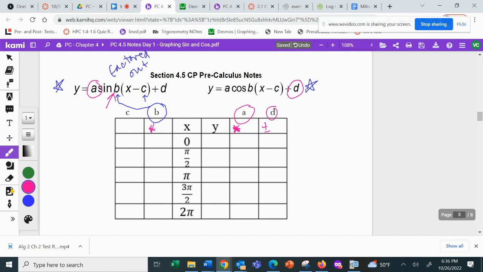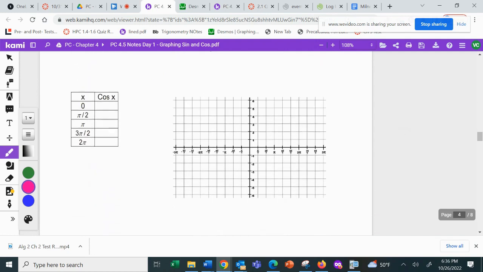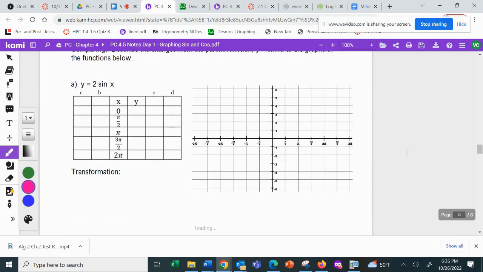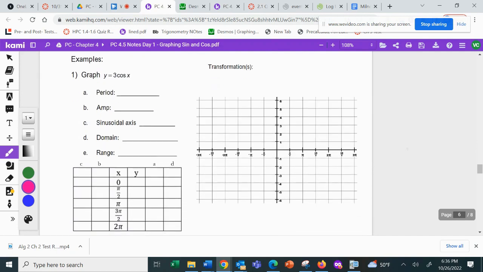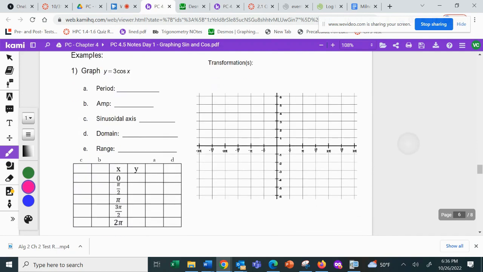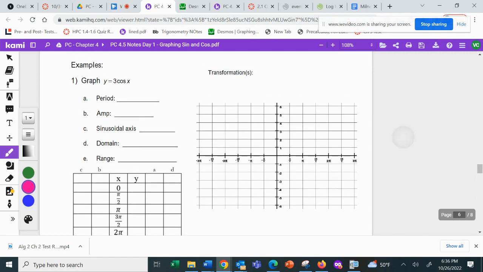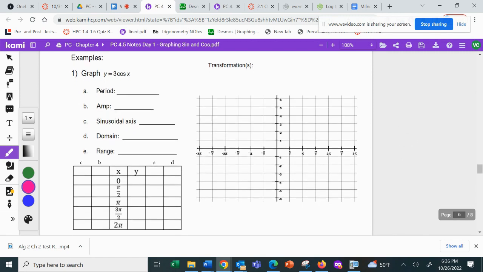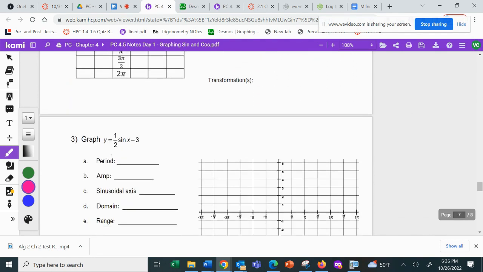So what I'm going to do is skip a lot of this because, like I said, this is going to be a very condensed version of the notes. So I'm skipping a lot of this vocabulary. I kind of went over it. Haven't really showed you how to find it if it's not the parent function yet, but I will do that on the day 2 notes.